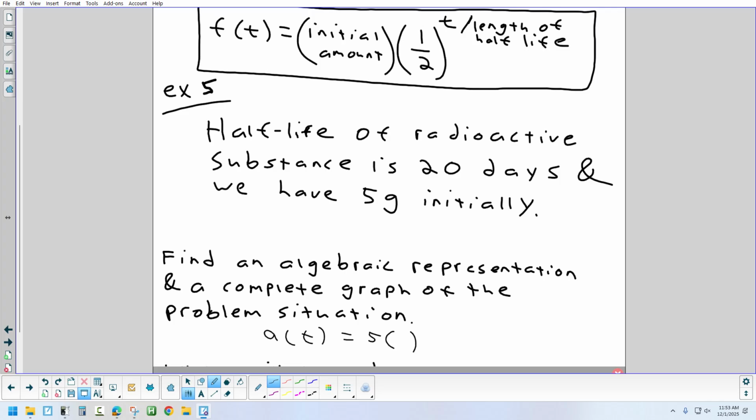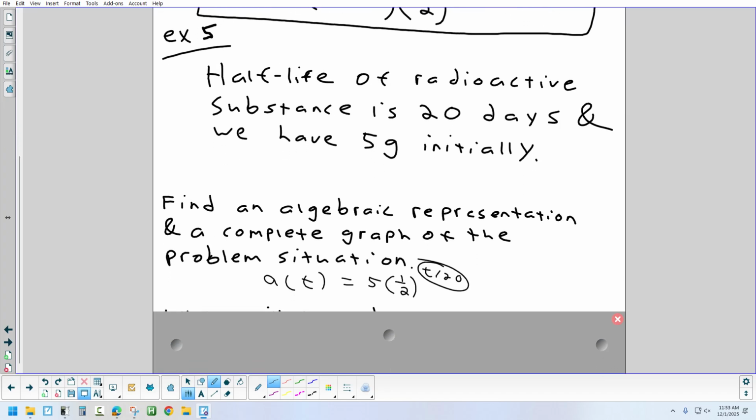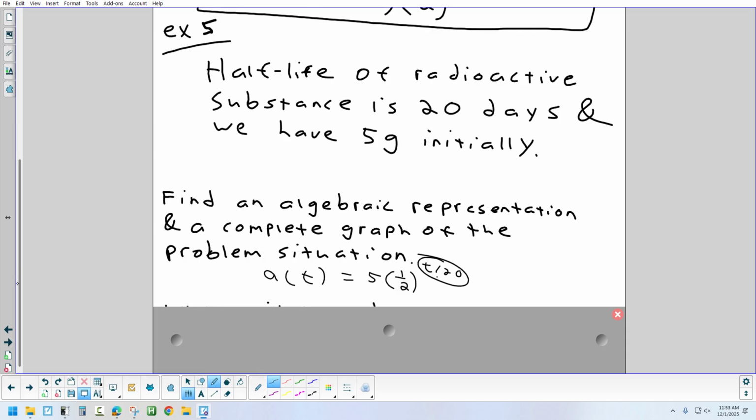What's going to go right next to it for the multiplication? 1/2. And what's my exponent going to be? It would be t divided by 20. Right, it has to be t divided by 20 because that exponent has to be the number of halving cycles that have gone by. So if 60 days have gone by, that exponent needs to be a 3. It would have cut itself in half 3 times.